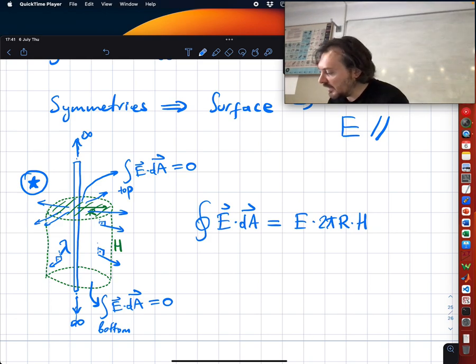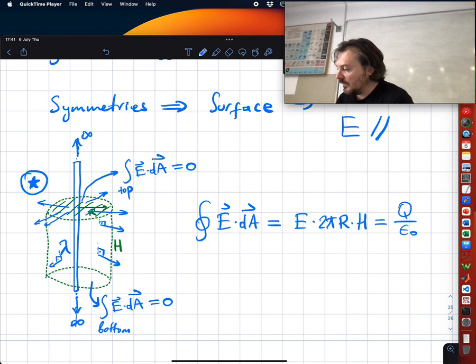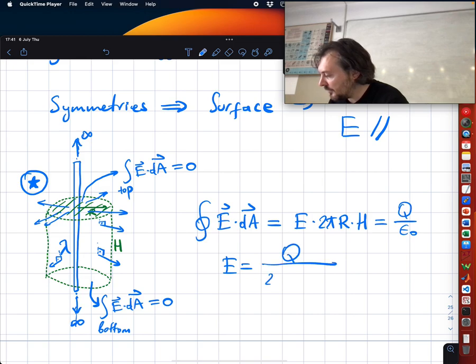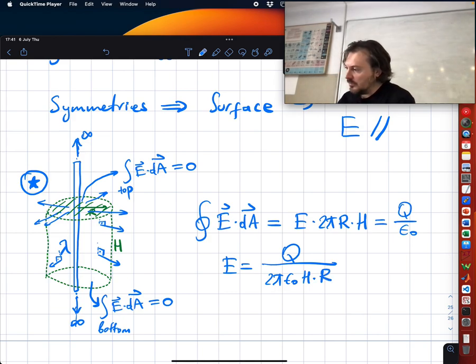So 2 pi r h has to be equal to q over epsilon 0, right? So E is equal to q over 2 pi epsilon 0 h times r. Now, what can we call this one?